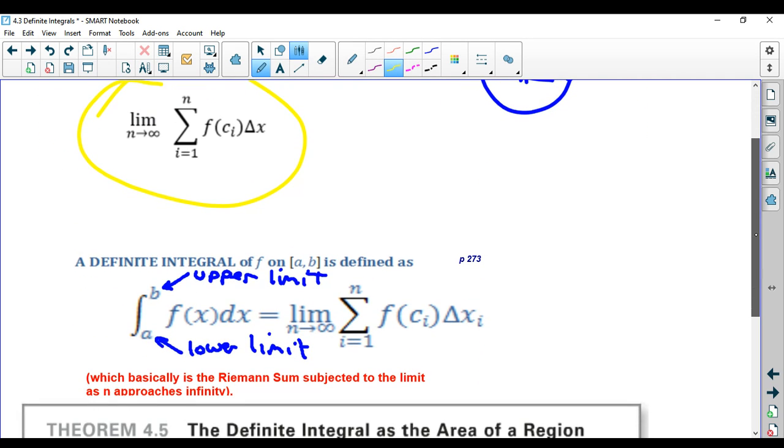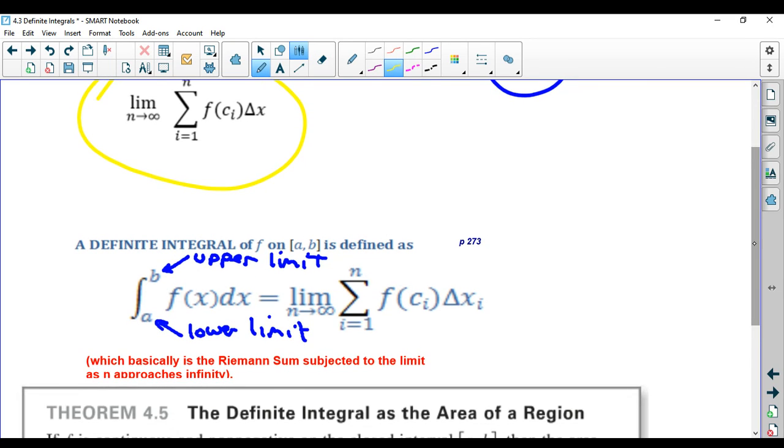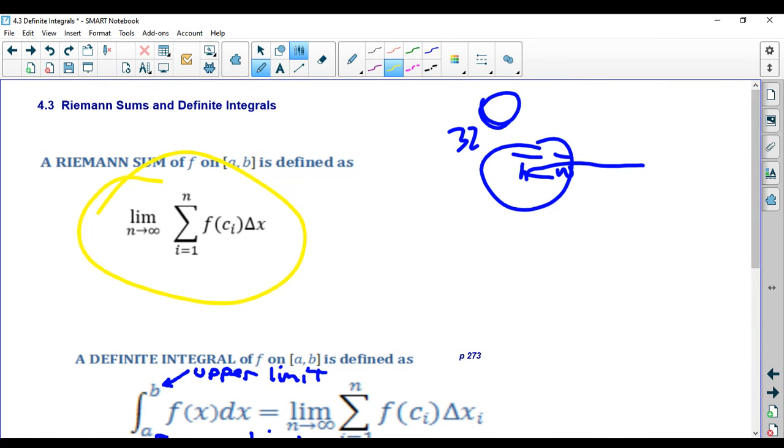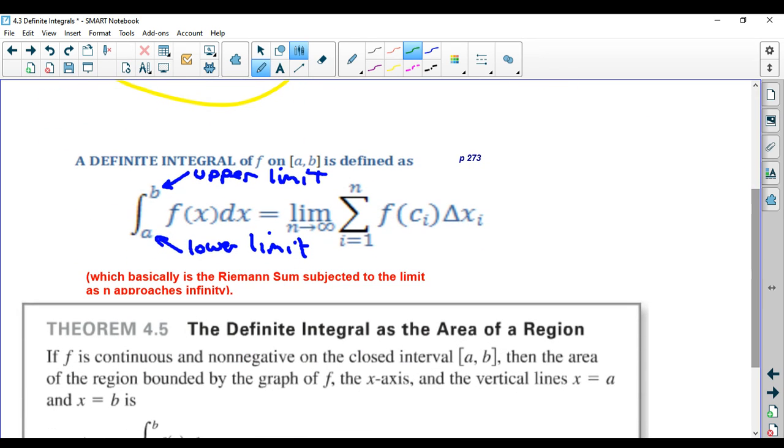We're going to call this a definite integral. So this is really what we're focusing on in this section, definite integrals. And for no reason right now, we're just going to call this area a definite integral. You'll see how it relates to your integrals in the next section.